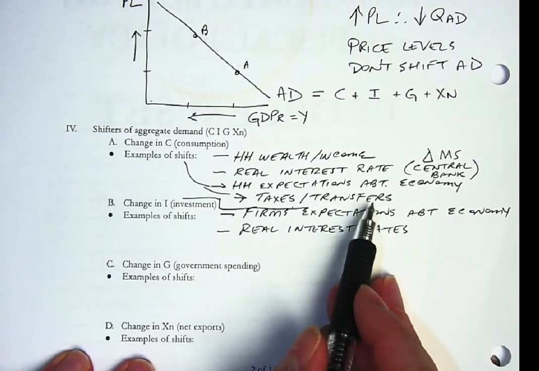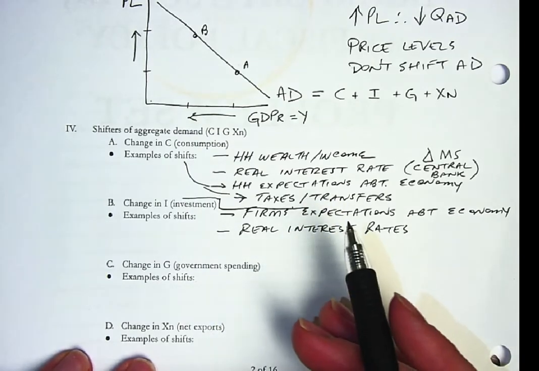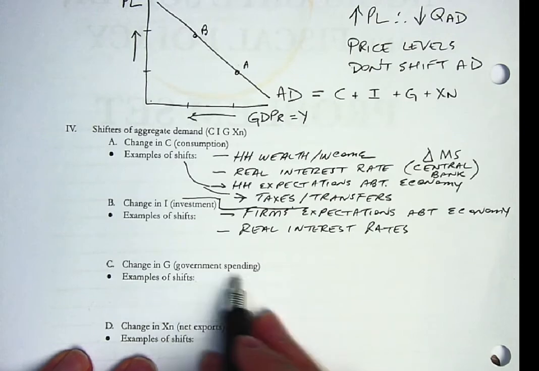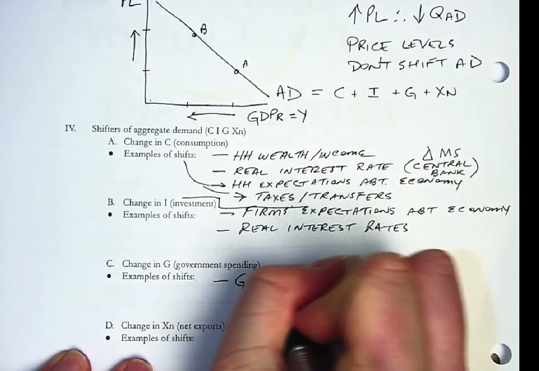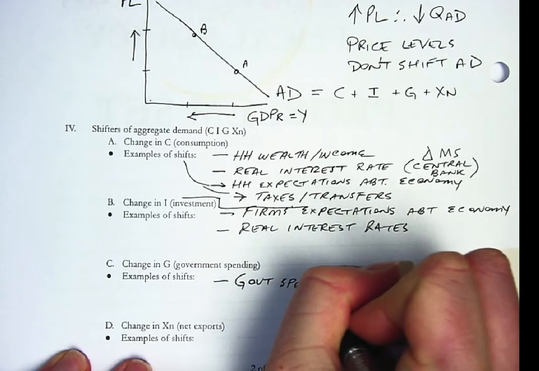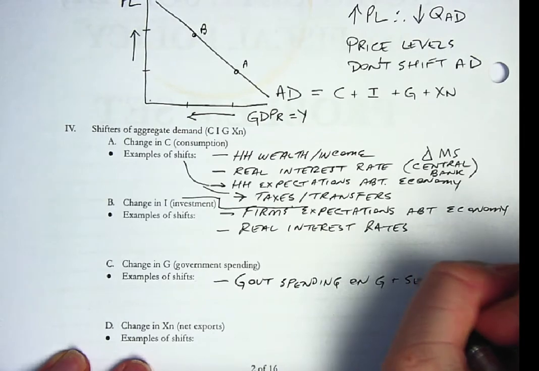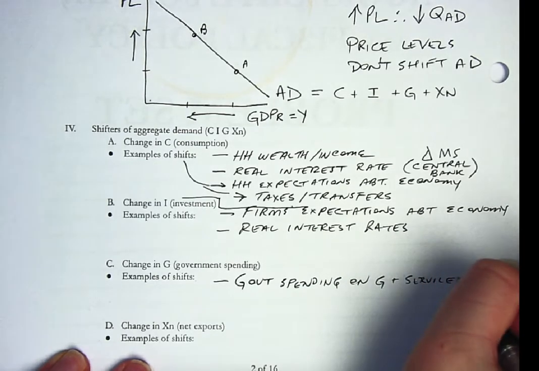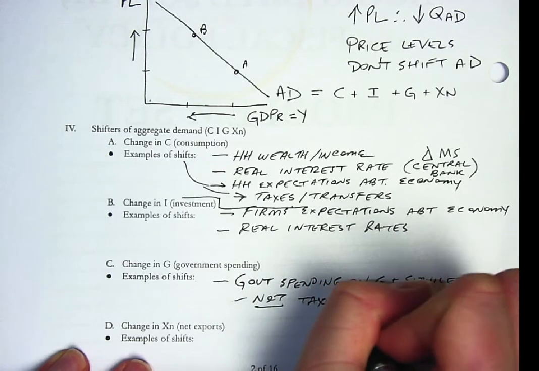Likewise, transfers, which is the fancy name we give for things like welfare payments and Social Security payments, they don't affect government spending on goods and services. So we'll say government spending on goods and services only. It is not taxes or transfers.